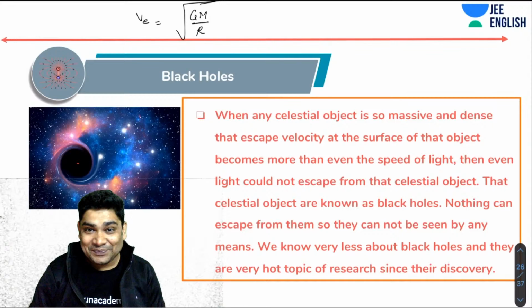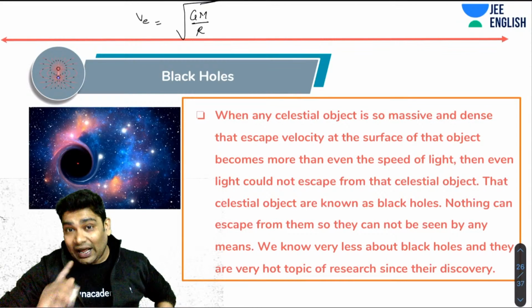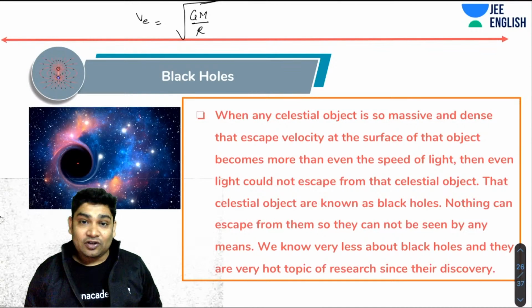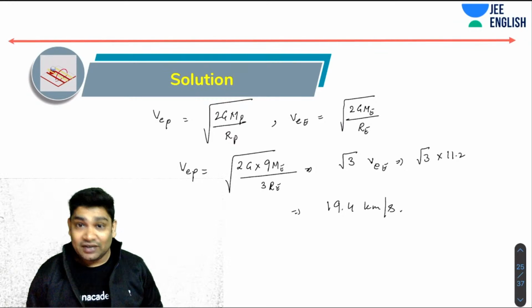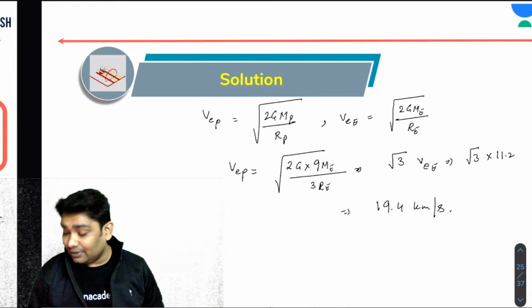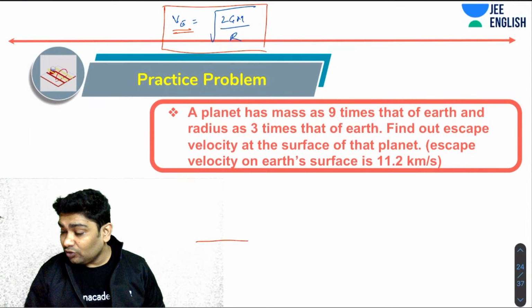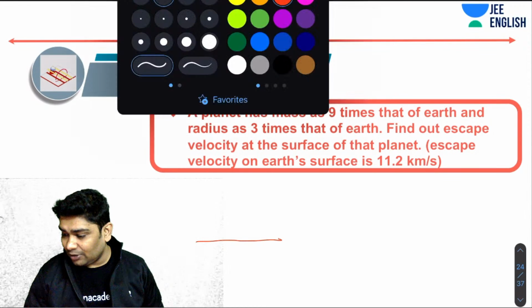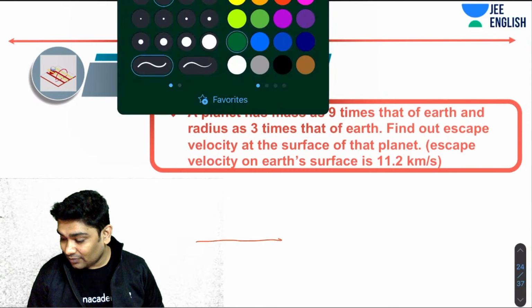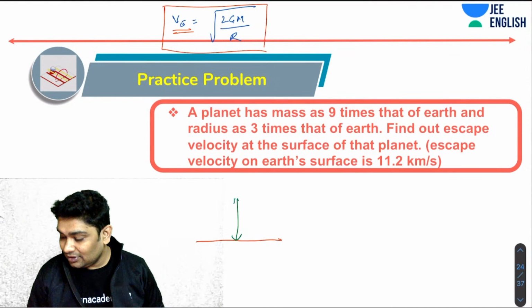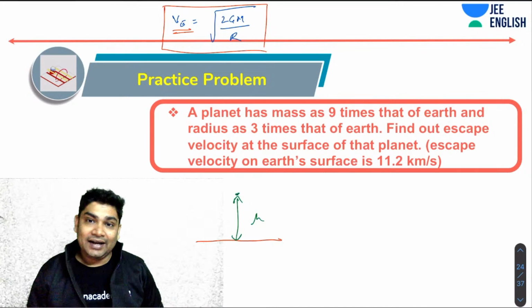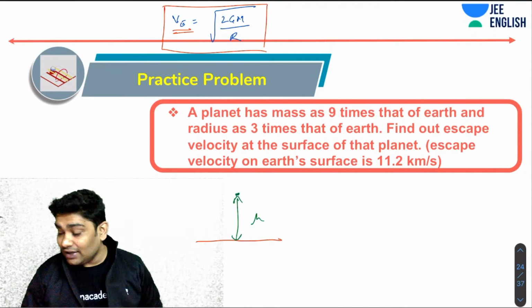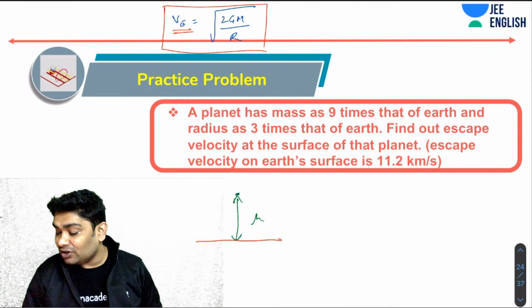Okay. So what happens is at the surface of Earth there is a certain escape velocity. What will happen if you move to a height? At a height h above the surface, what you realize is that the escape velocity would be less than the escape velocity at the surface.